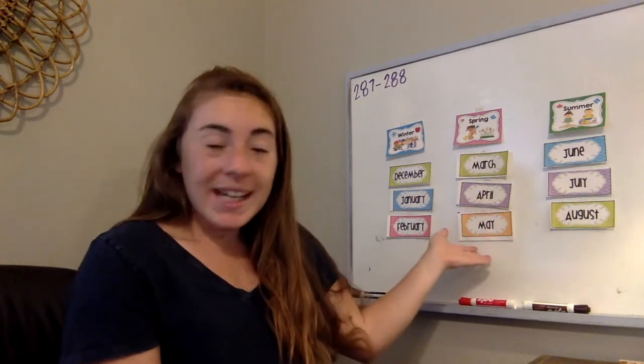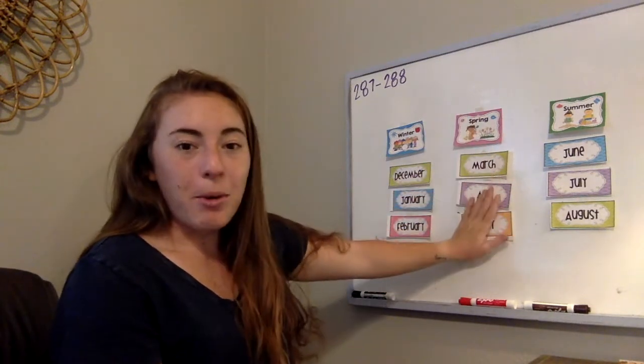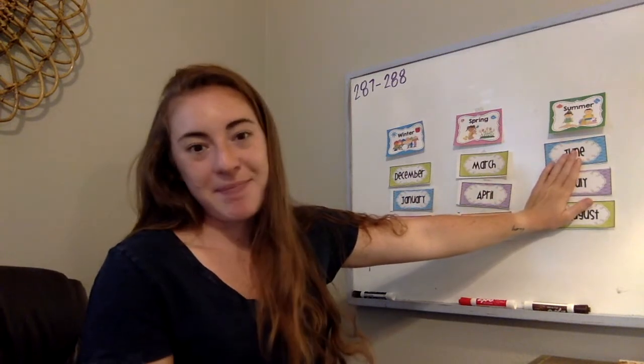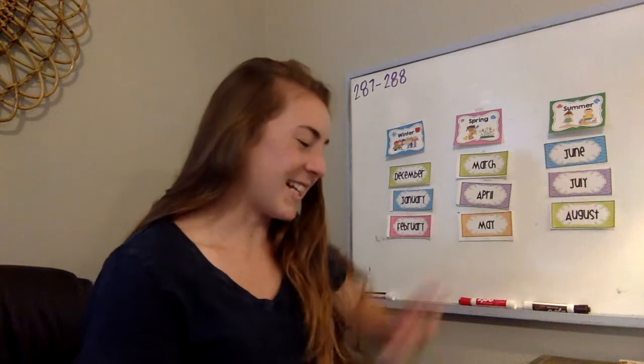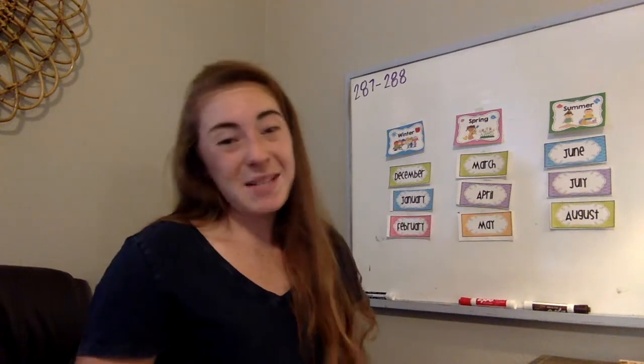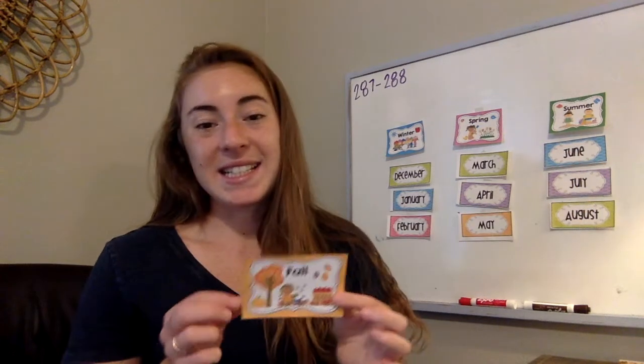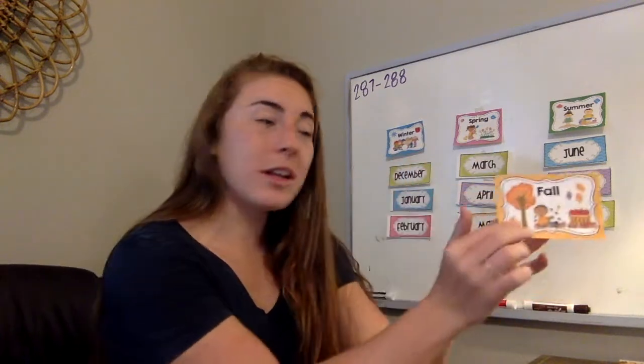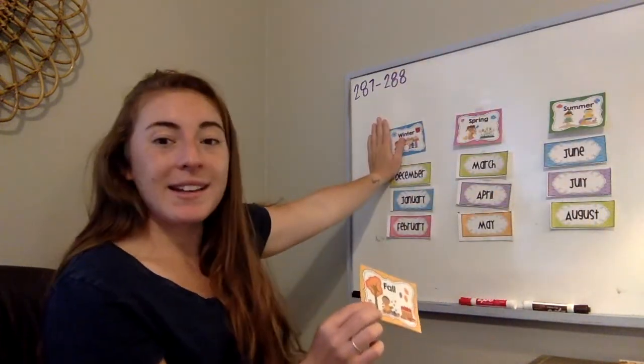Now in spring, everything is starting to grow back. So do you think that there's leaves and flowers in summertime? You betcha, exactly. But then something happens. There's a season called fall. And this is when all the leaves fall because guess what? It's starting to get a little bit cooler and it's going to go back into winter.